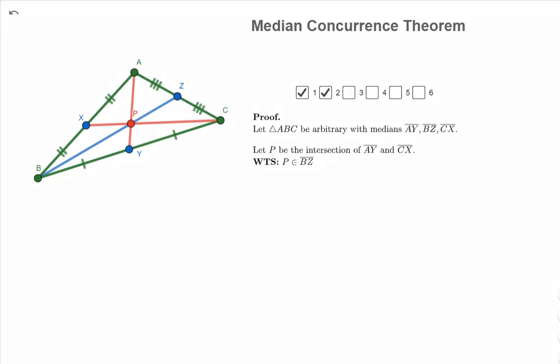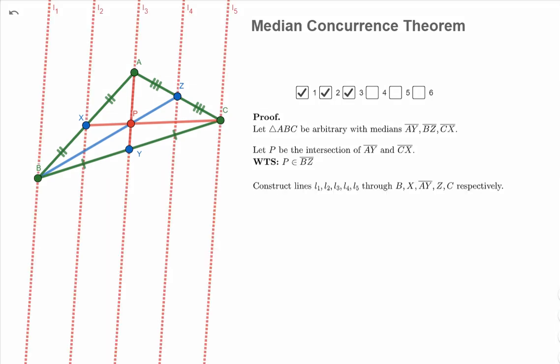All right, so the next step, we are going to create a bunch of parallel lines. We're going to do this in a very particular way. If you look at this, we're focusing on lines that are parallel to the median AY. The idea is that these parallel lines go through all three vertices of the triangle, and then the two midpoints that AY doesn't already go through.